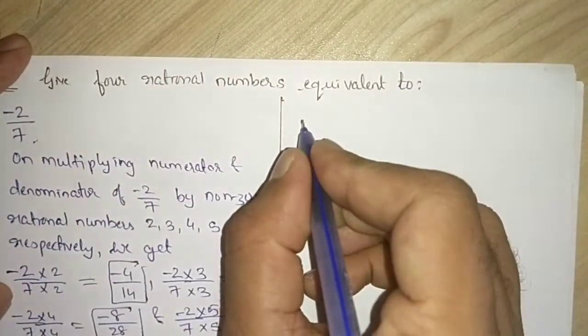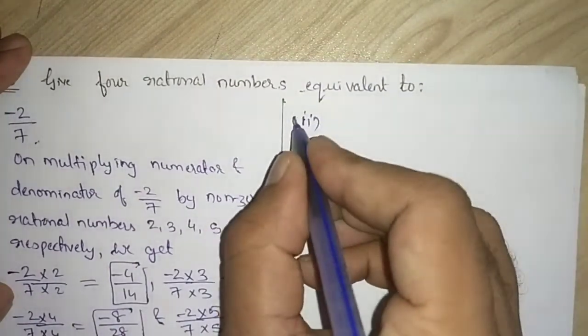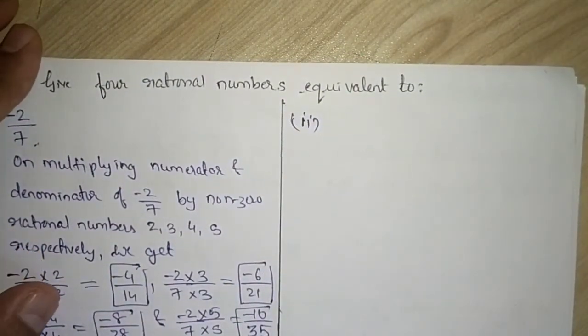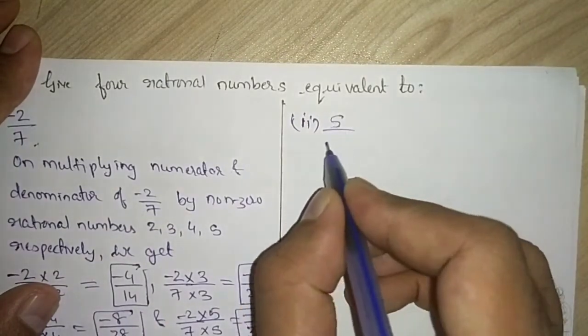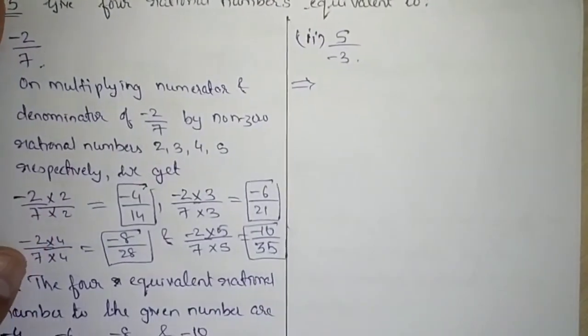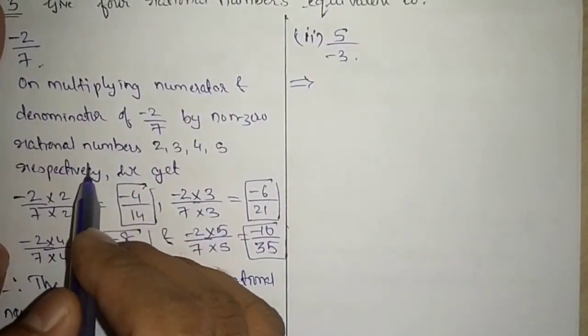Coming to the second part, I will solve 2 parts. The remaining 1 part I will leave for you so that you can try it yourself. You will write the line which is given here.